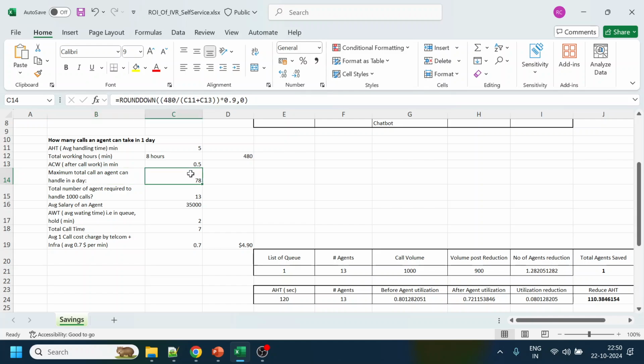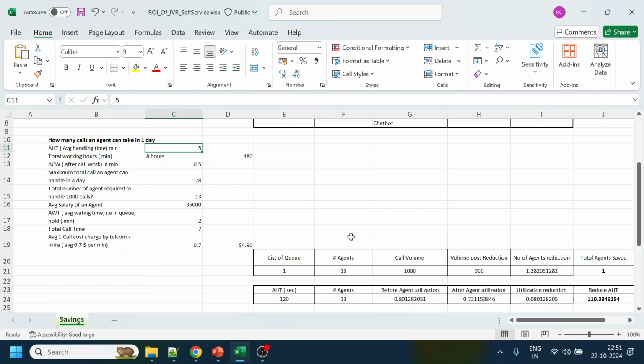So what I have done is calculate how many calls an agent can take, and I have considered 90% utilization, considering breaks and all this in 8 hours. So in a day, an agent can handle 78 calls if their average handling time is 5 minutes.